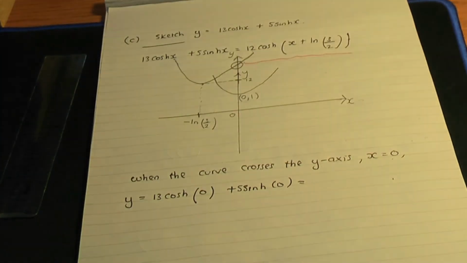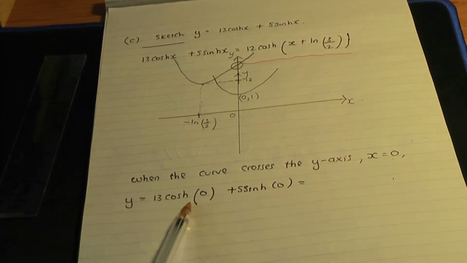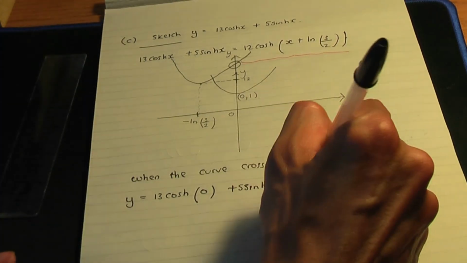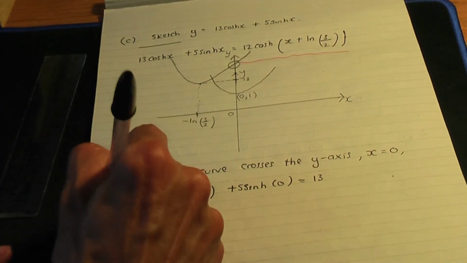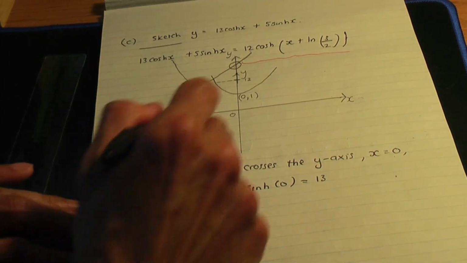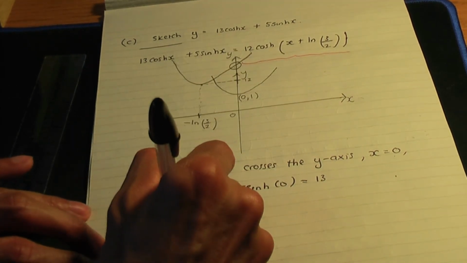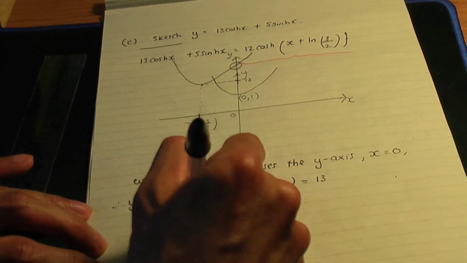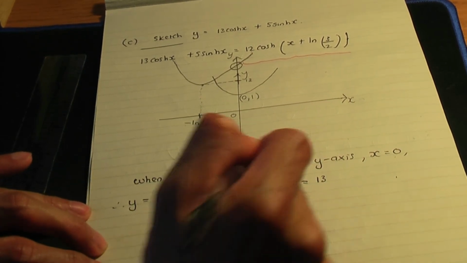If you type in 13 hyperbolic cos 0 plus 5 hyperbolic sine 0, you should have a value of 13. So the crossing point on the y-axis has x coordinate 0, the y coordinate being 13.